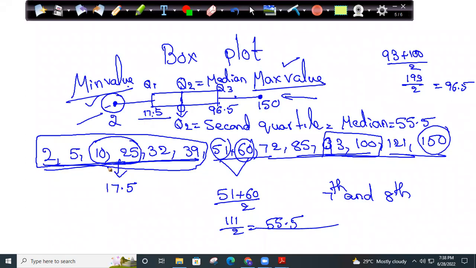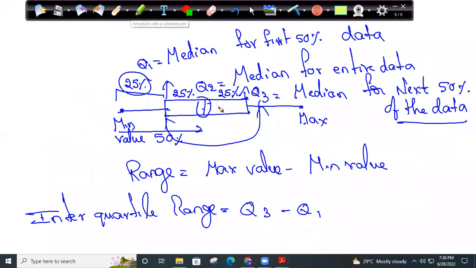So 25% of the data lies from 2 to 17.5. From 17.5 to 55.5, again 25% of the data lies. From here to here, again 25%. Between Q2 and Q3, 25% of the data lies. From Q3 to the maximum, again 25% of the data lies.